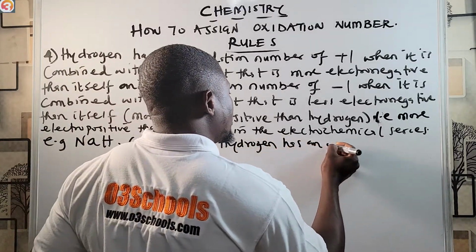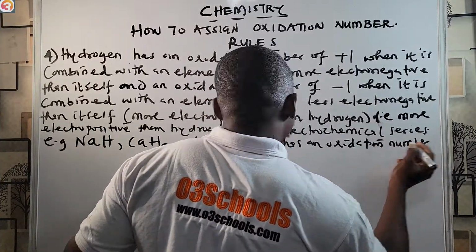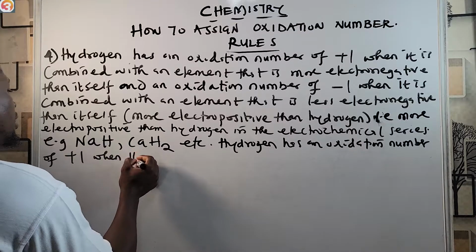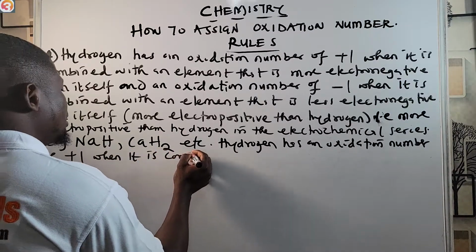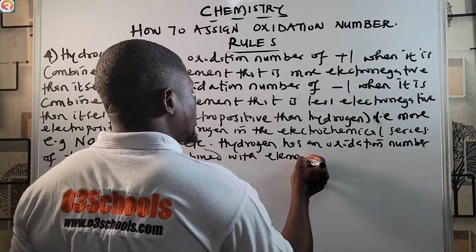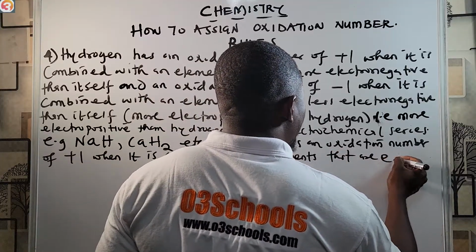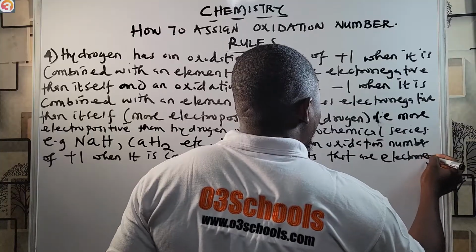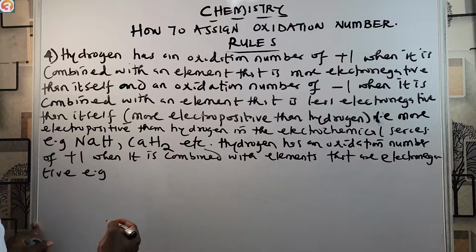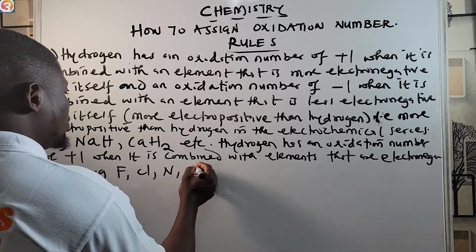Also, hydrogen has an oxidation number of plus 1 when it is combined with elements that are electronegative, for example fluorine, chlorine, nitrogen, oxygen.